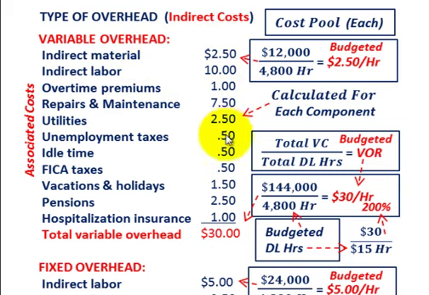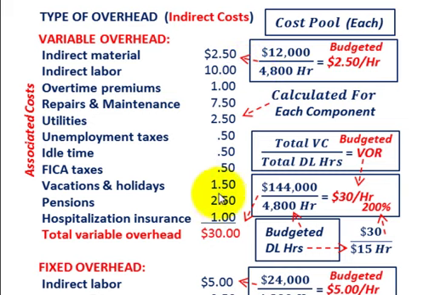So you'd have to do that for each of the items. You calculate it for each of the components: take whatever budgeted cost you have estimated, like for indirect labor, and divide it by the budgeted direct labor hours, or that cost allocation base. In this case it's 4,800.